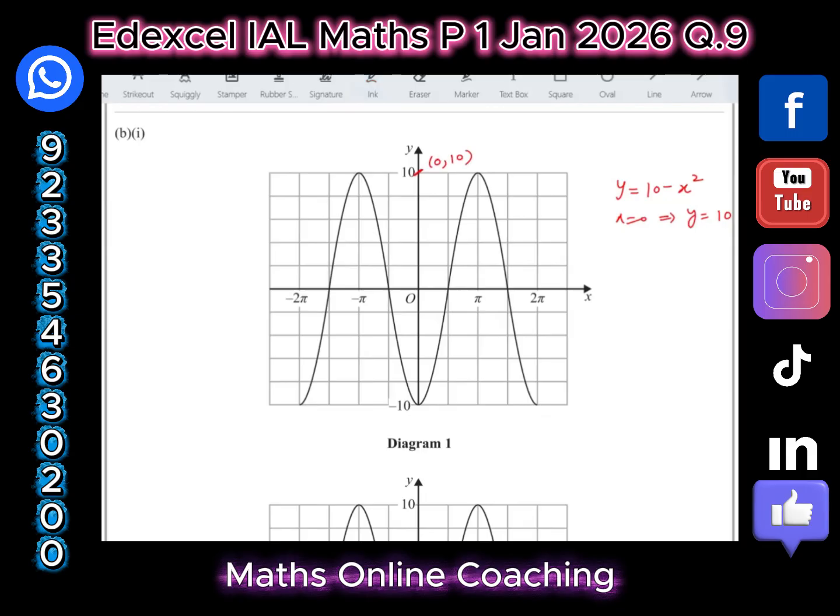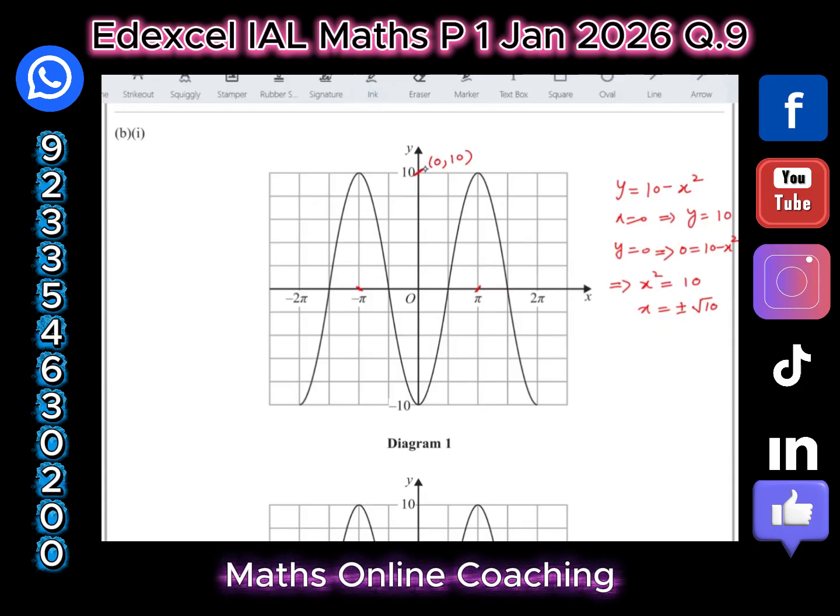And if we put y is equal to 0, it gives 0 is equal to 10 minus x square, which is x square is equal to 10. And this is x is equal to plus minus square root 10, which is approximately equal to 3.14 and so on. So the points on the x-axis will be this one and this one on the left side of the y-axis.